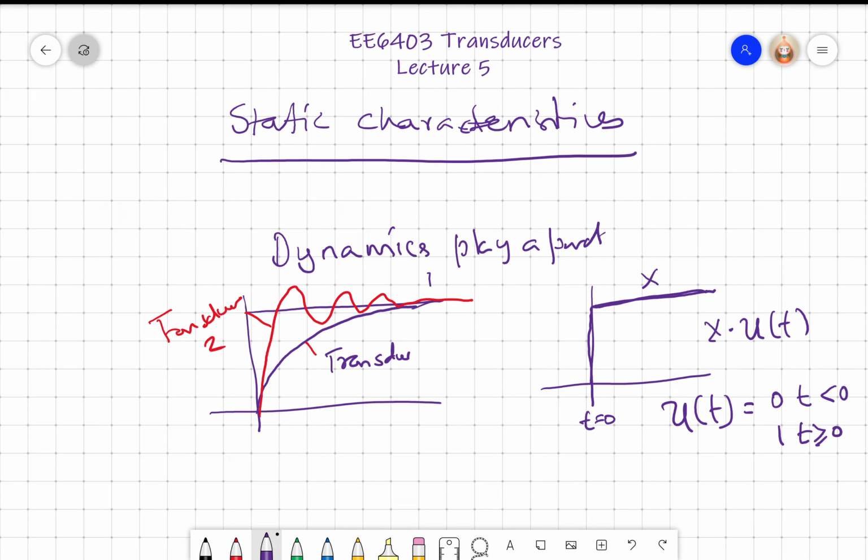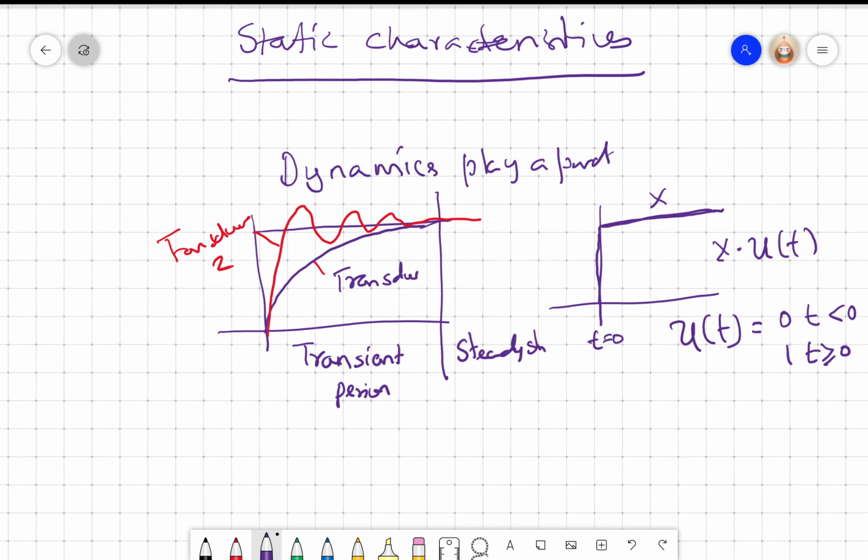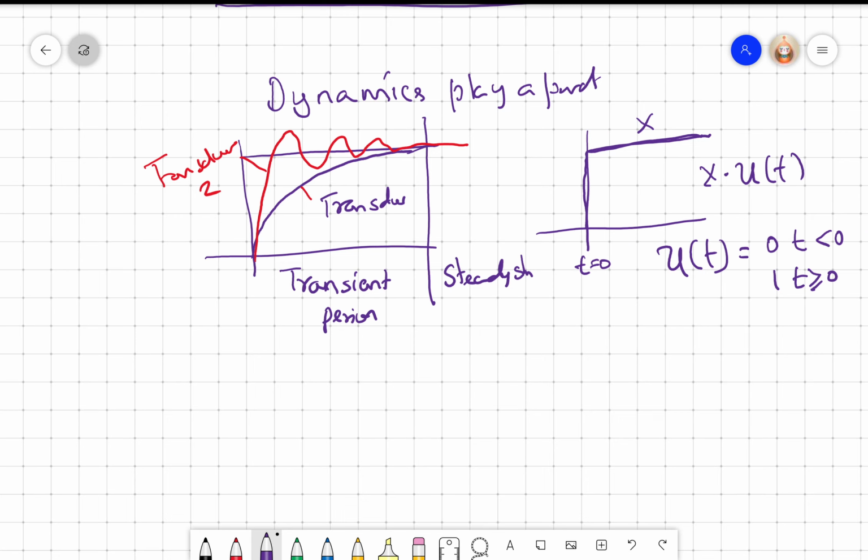So we get the final output settling to what we expect, and we also learned that this is the transient period, and this is steady state. The time taken for a transducer to attain steady state and give the correct output is known as the response time, also known as settling time.